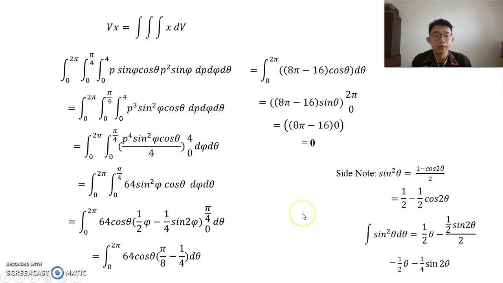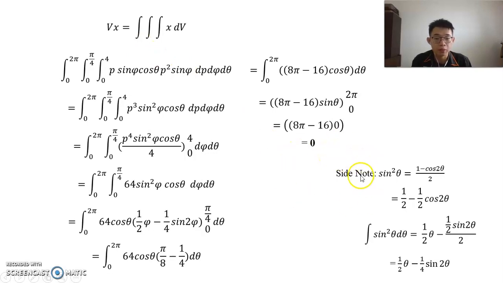So next we're going to find the volume in the YZ plane, and similar to just now, we're going to change the formula from Cartesian coordinates into spherical coordinates first, and we're going to obtain a brand new formula, which is the triple integral of rho sine phi cos theta times rho squared sine phi d rho d phi d theta. And same as just now, we just plug in the limits and then solve the integration like how we usually do, and we are going to obtain the volume in the YZ plane equal to 0.